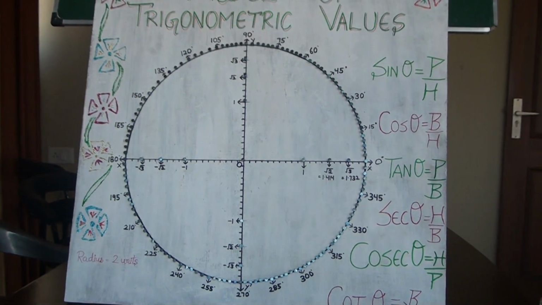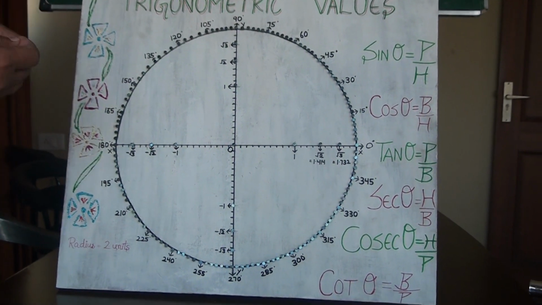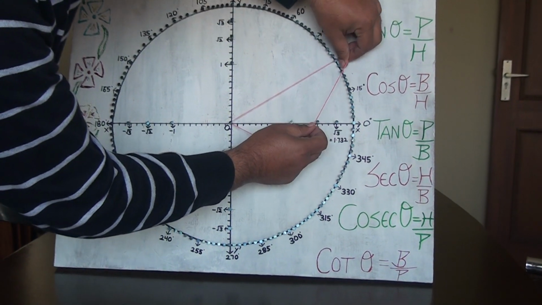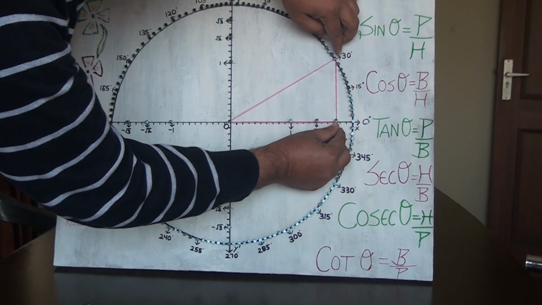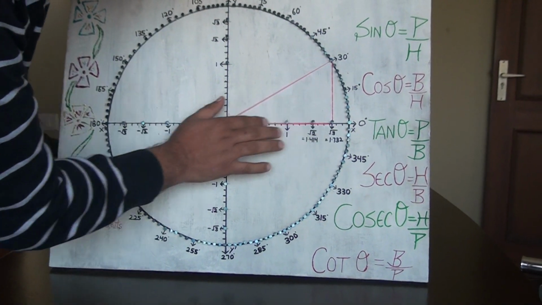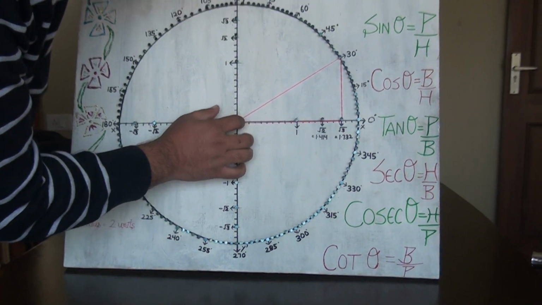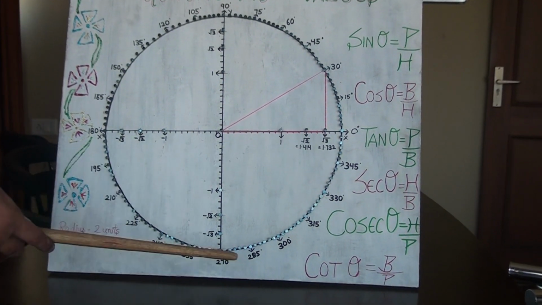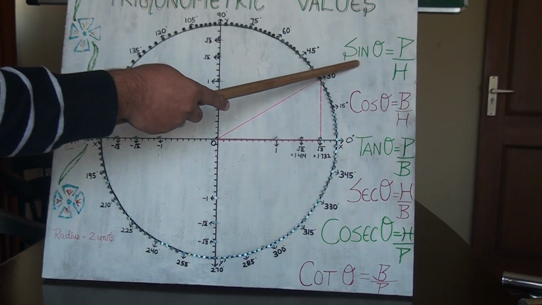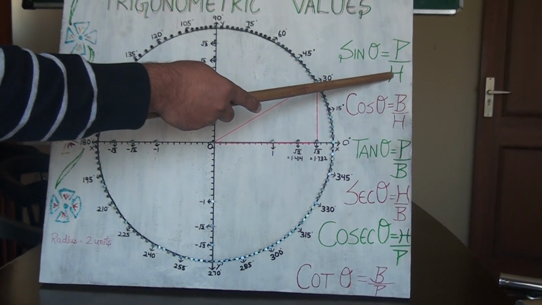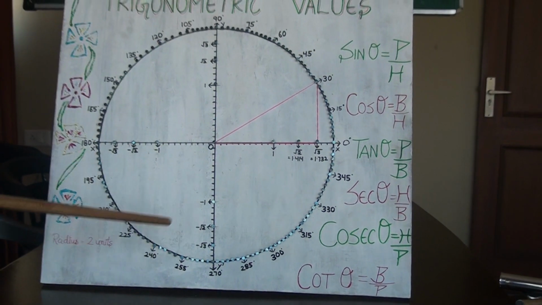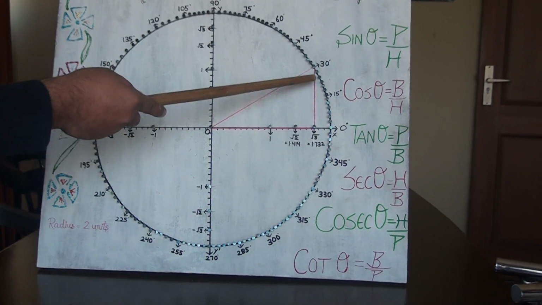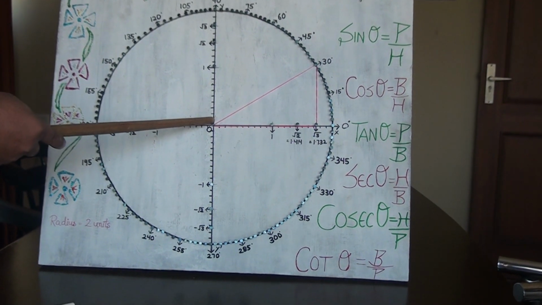Now I explain. As you see, the angle shows 30 degrees. As we know, sine theta is equal to perpendicular over hypotenuse.